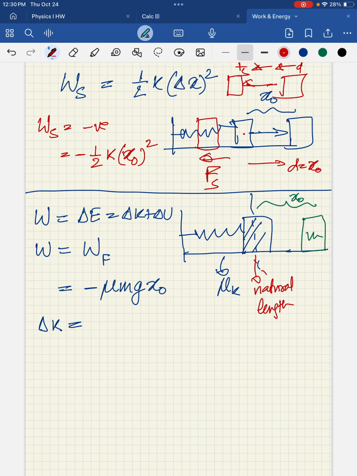So somebody is pulling it. There is an external force F, a constant force F, that acted to pull it from here to here. Now F again is also a non-conservative force, an external force, so we have to take that into account.